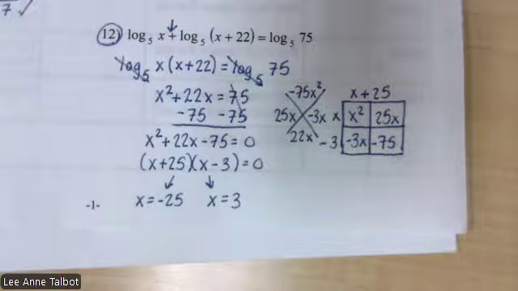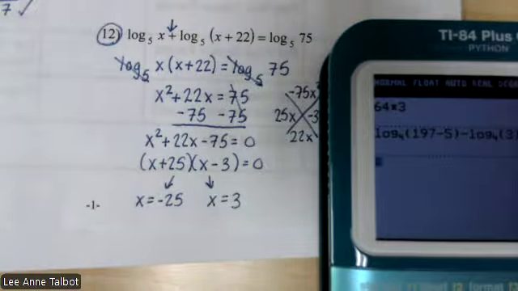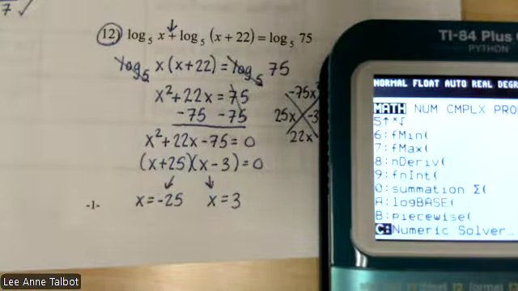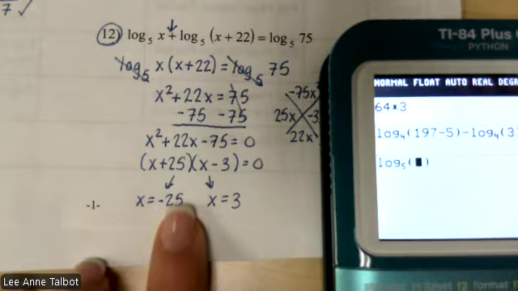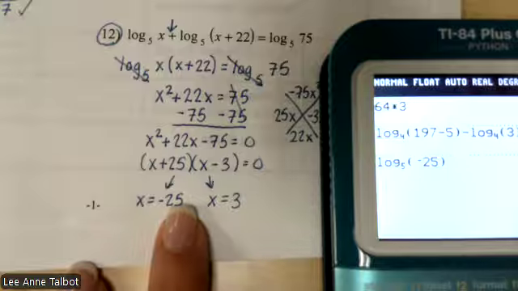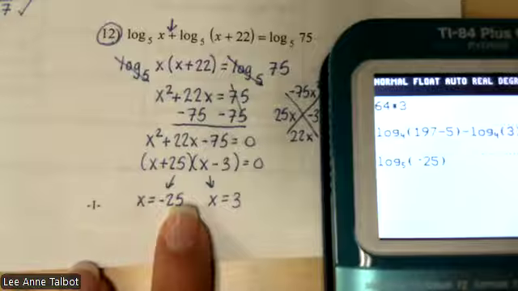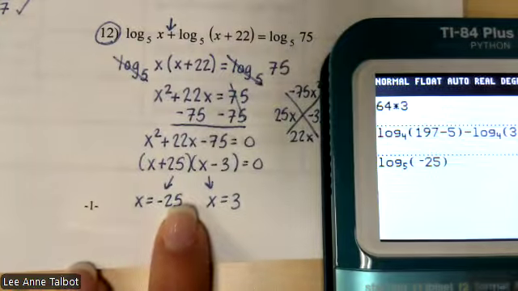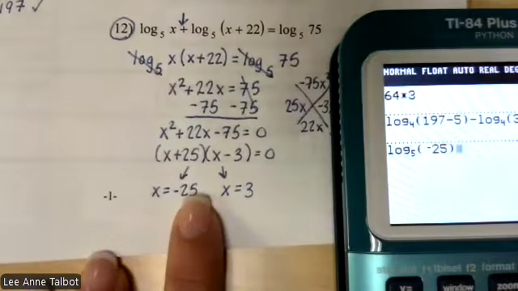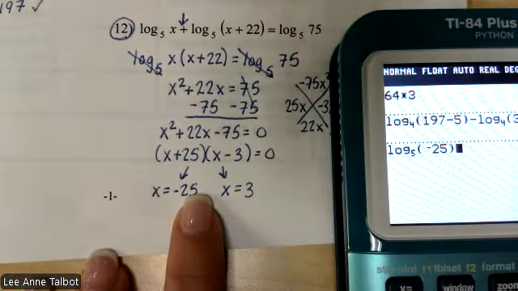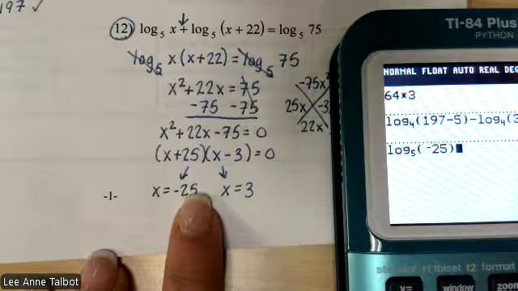Okay, now we're going to check them separately. Math, log base 5 of negative 25. Can you already see? Anybody already see the problem here? Do you remember speaking about this?